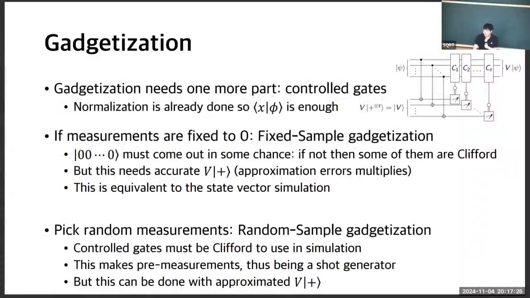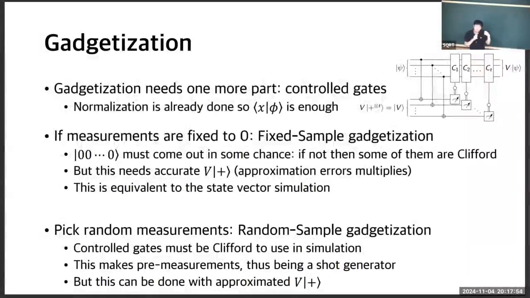the chance of 0 to 0 coming out must be non-zero, because if some bit must be 0 or 1, then we can just make it a Clifford gate without making it a non-Clifford gate. So if we have a non-Clifford gate, then it must have a chance for 0 to 0 for V plus.